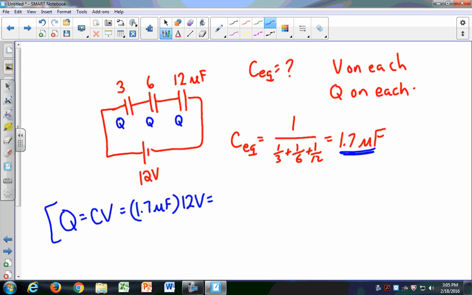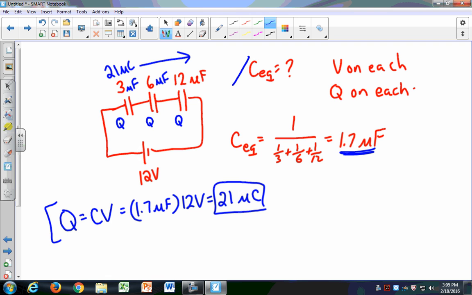Yeah, 21 microcoulombs, what I get, 20.6. So that's the charge on each capacitor. I have 3 microfarads here, 6 microfarads here. I have 21 microcoulombs on all 3 of those.